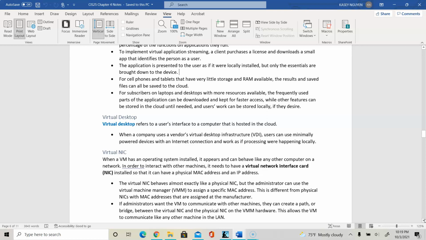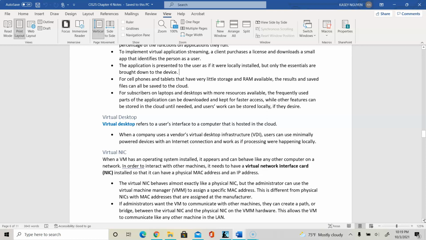Simply, the virtual desktop infrastructure is stored on a server that is being owned and managed by another company remotely. With this, we would require less power. We just have to have internet connection, and we would require less hardware on the customer end.